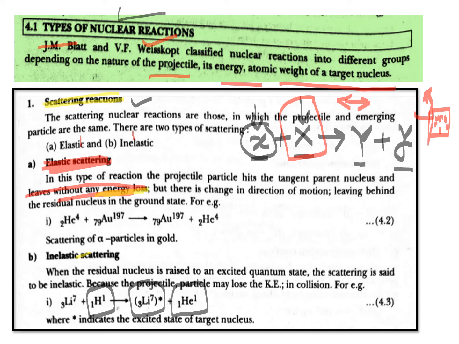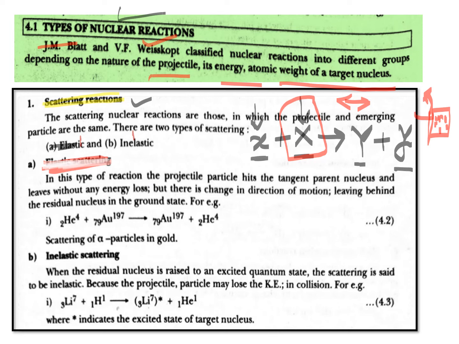In elastic scattering, what happens? They just interact with each other, but there is no exchange of energy, and in inelastic scattering, they exchange energy. So you can understand the difference between inelastic scattering and elastic scattering.